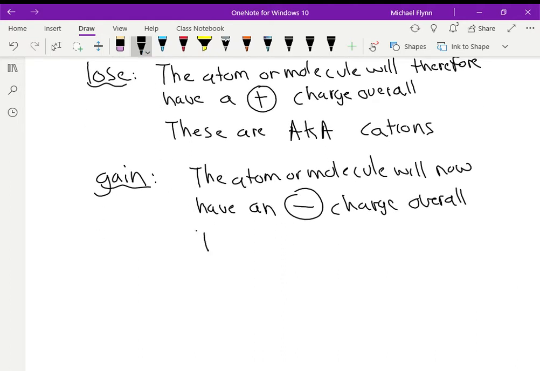And these are also known as dog ions. No, I'm just kidding. You were thinking cat ions and dog ions, though, right? Not a dog ion, guys. It's actually called an anion. Anions.